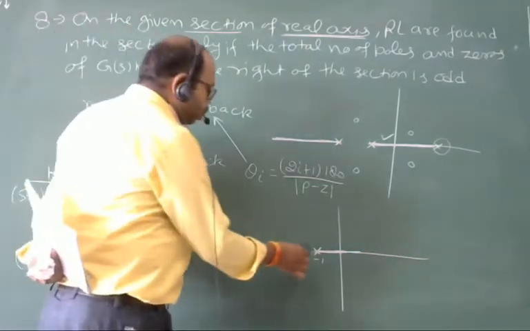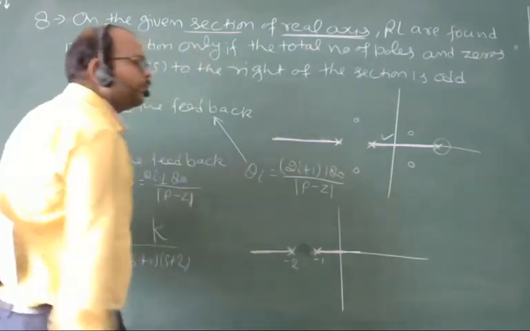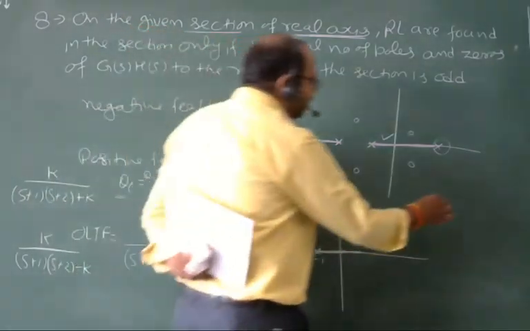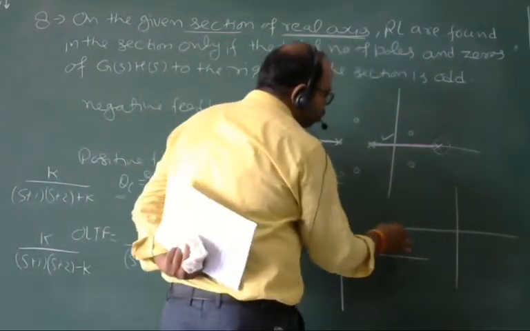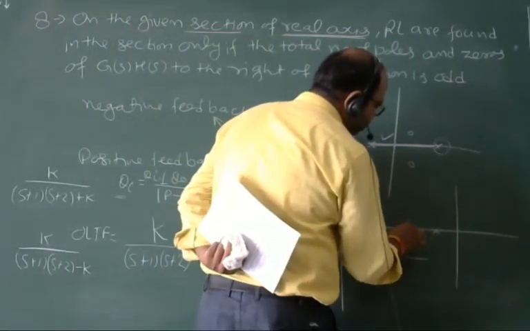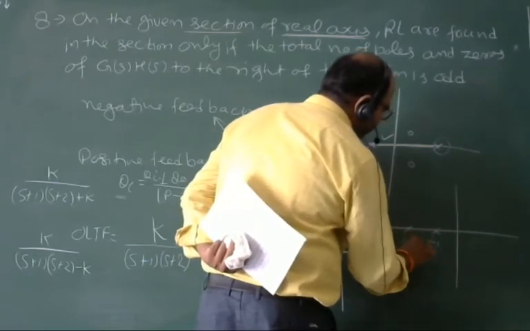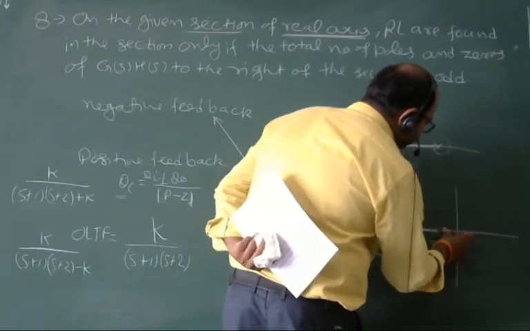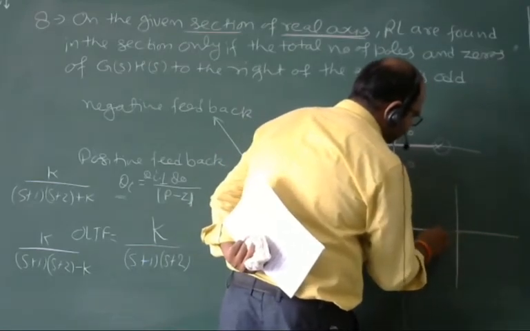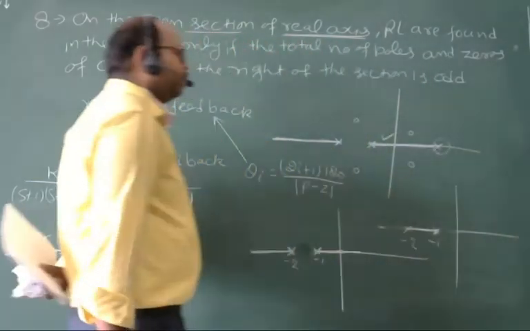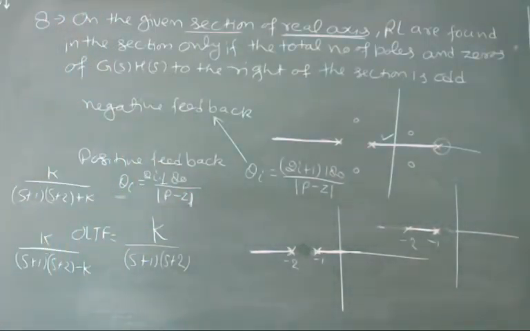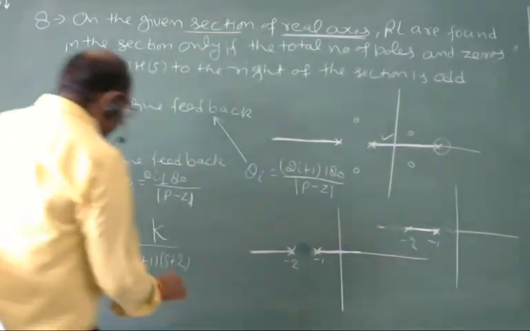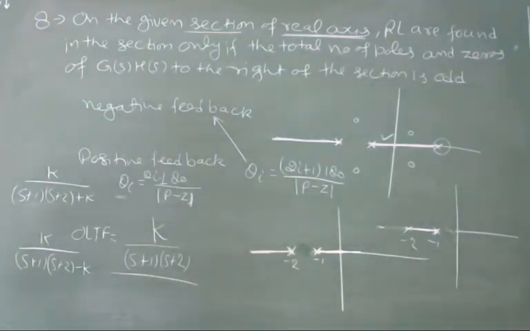So the root locus should exist here. And if I consider negative feedback, then the root locus should be like this. Nothing is here and nothing should be here. This must be the root locus if I consider negative feedback for the same GSHS.